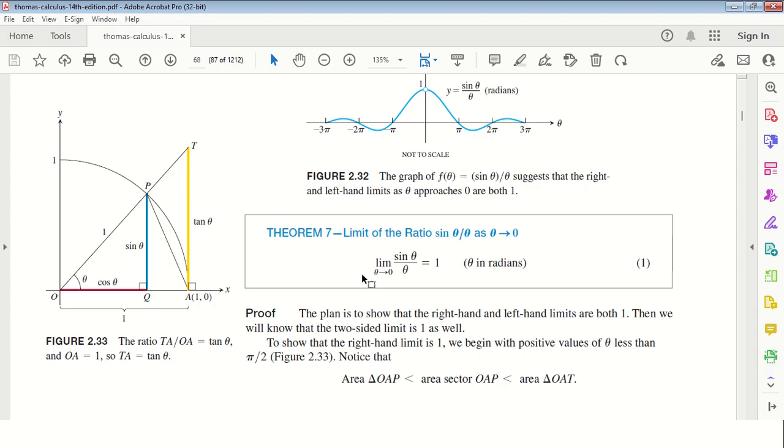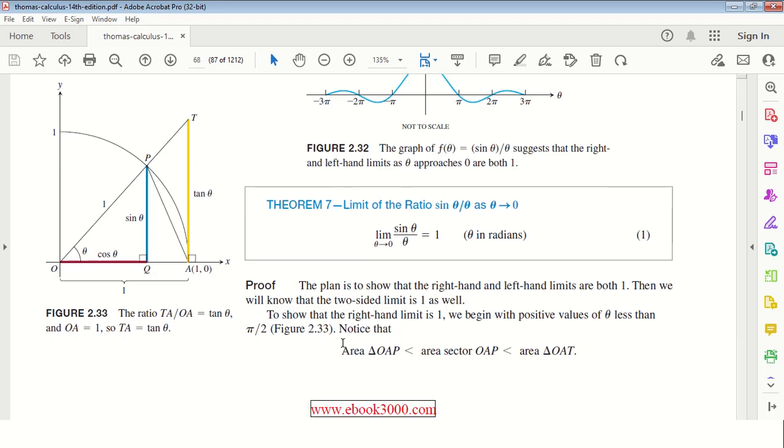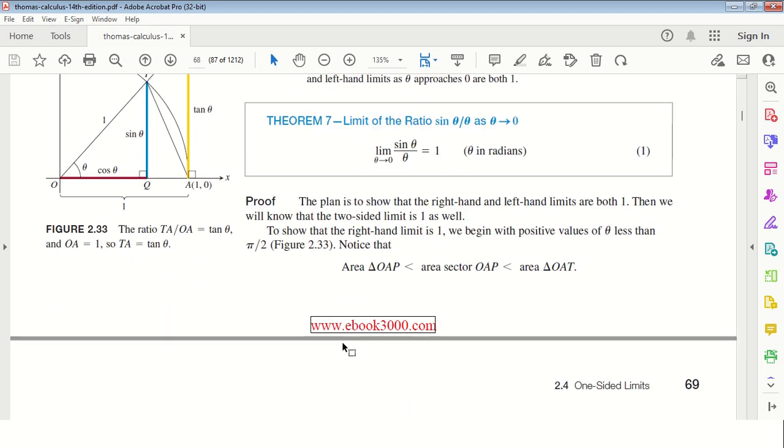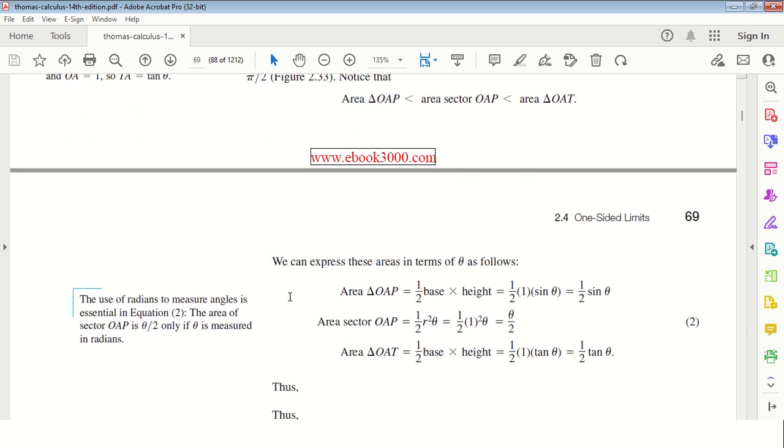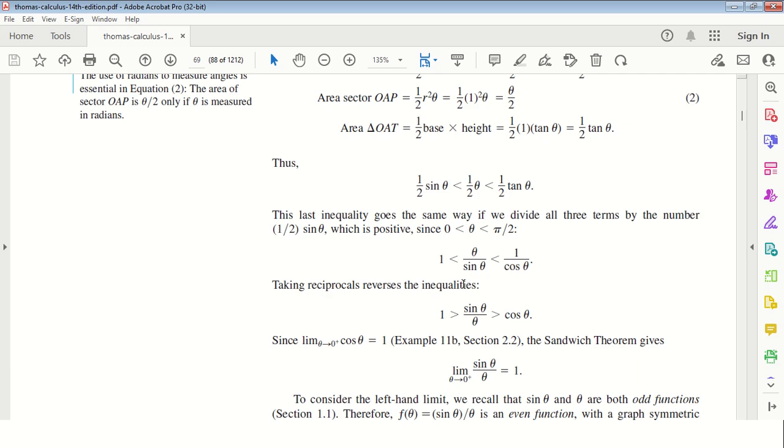This is the theorem: the limit as theta approaches zero of sine theta by theta equals one, and theta is in radians. This is the theorem, and they proved it using the Sandwich theorem.